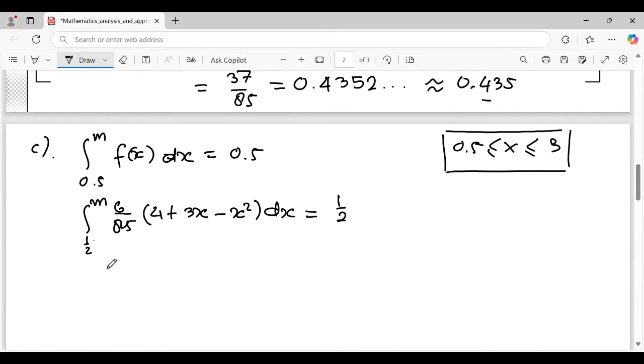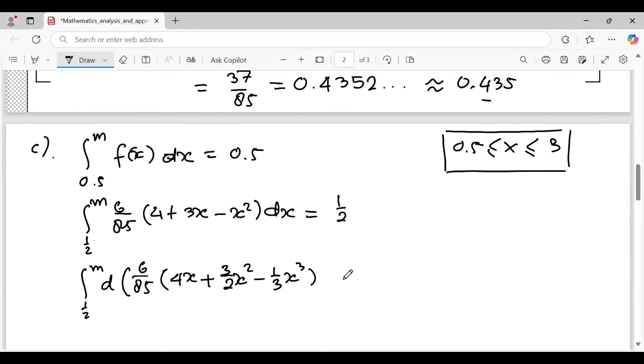Okay, next. Now we're going to find the integral of this expression. So the integral of that expression is 6 over 85 times 4x plus 3 half x squared minus 1 over 3 x cubed, equals half.